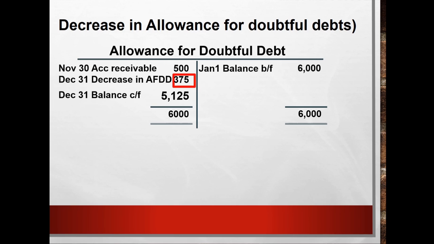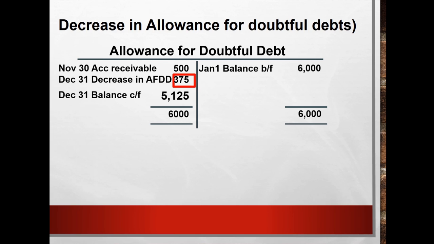So the first one given in the question, the balance from the previous year is 6,000 for allowance for doubtful debt, and November 30th account receivable 500. This is the transaction where we write off account receivable. So debit allowance for doubtful debt and credit account receivable in the amount of 500.